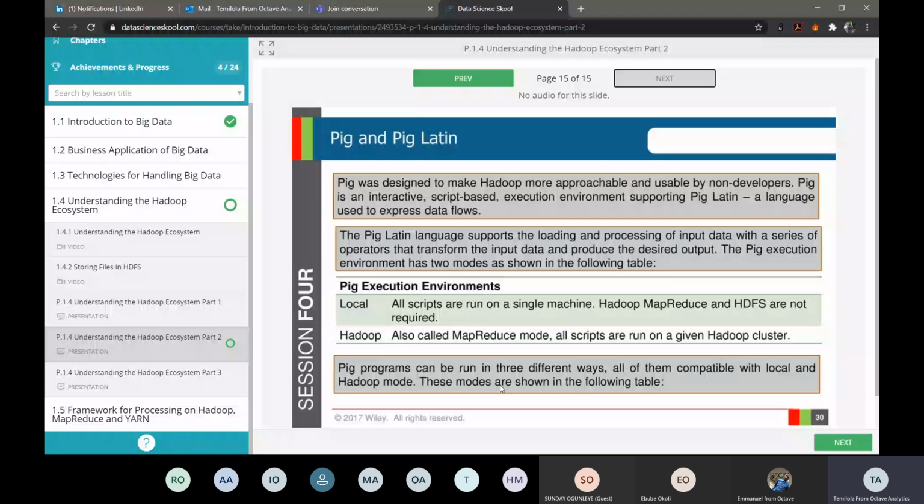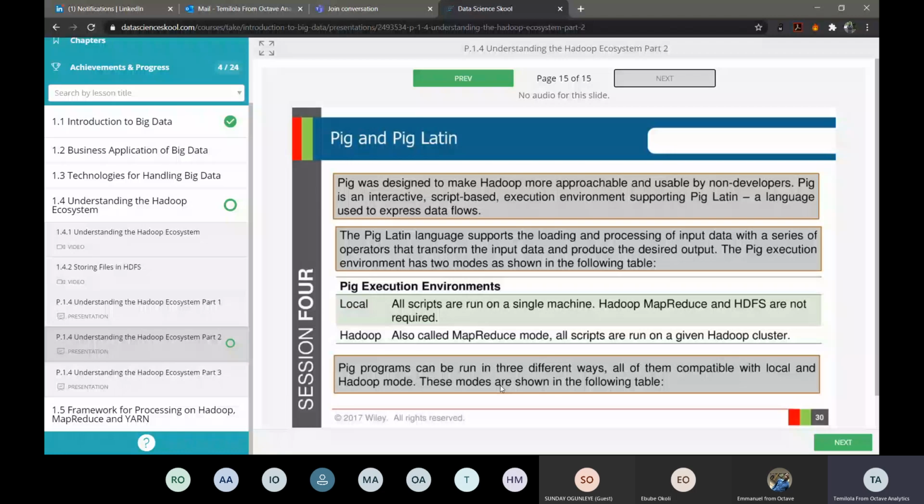So this basically talks about the different operations supported by the Pig programming language, which is Pig Latin. They're calling it Pig, and in essence, they said it was created for non-developers. I still don't understand, that's one thing that baffles me.